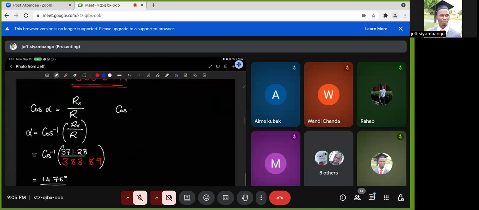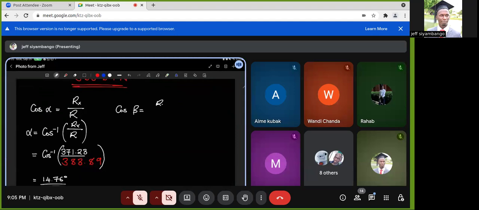In the same way, we can get cos beta, but it's going to be the y component over the magnitude. So beta will be equal to cos inverse of the y component over the magnitude.